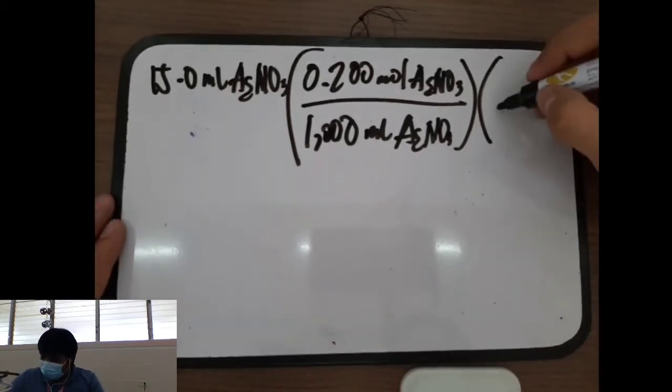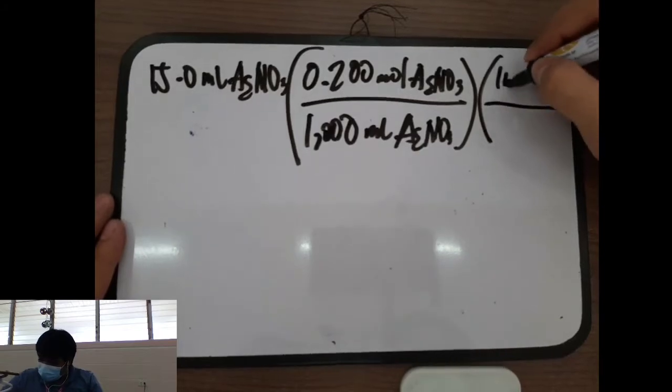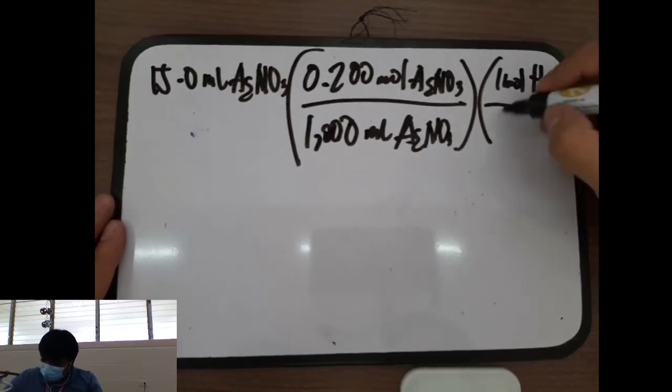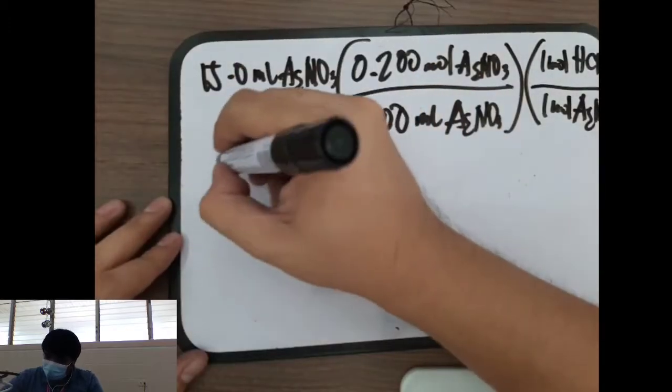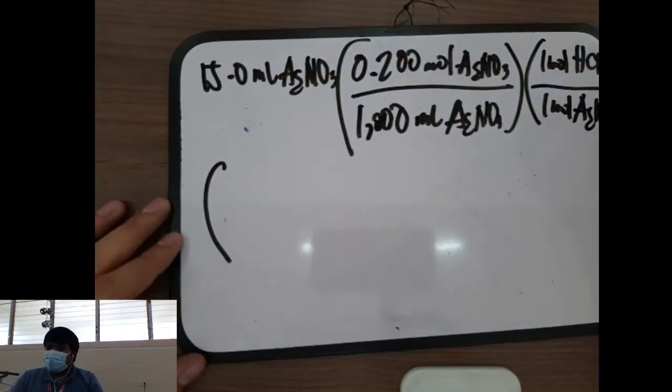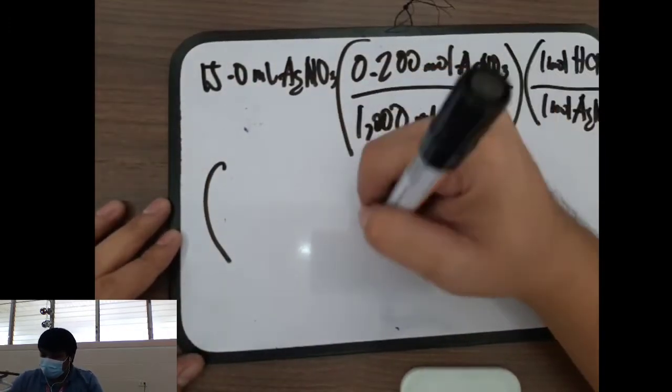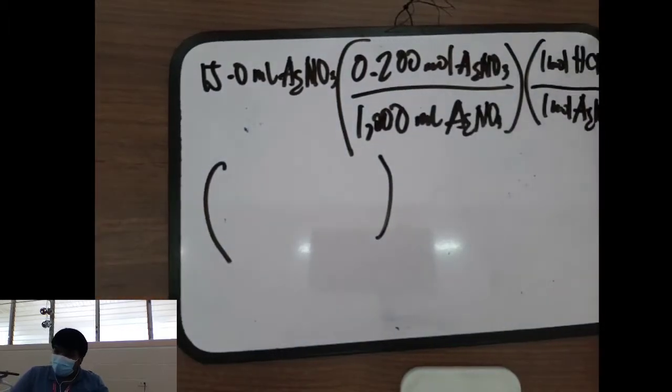Based on the stoichiometric equation, 1 mole of HCl is equal to 1 mole silver nitrate, right?